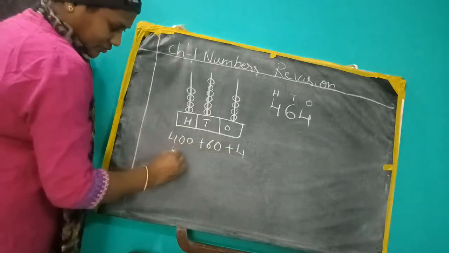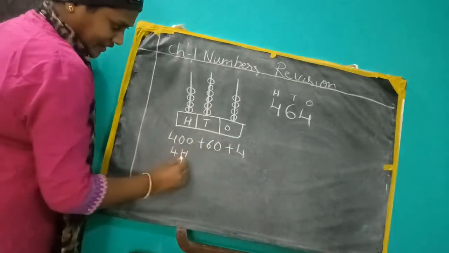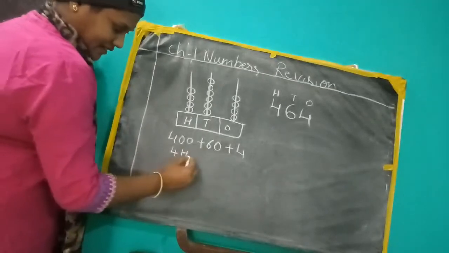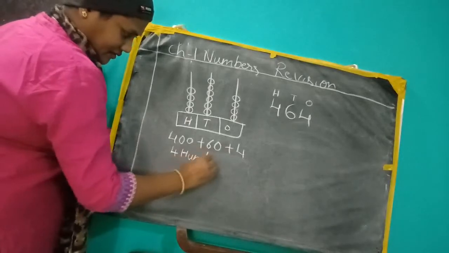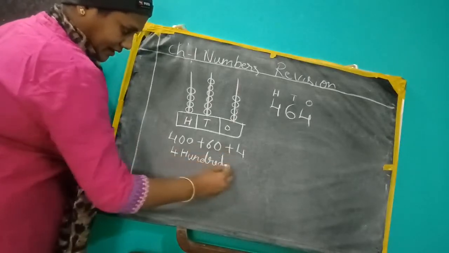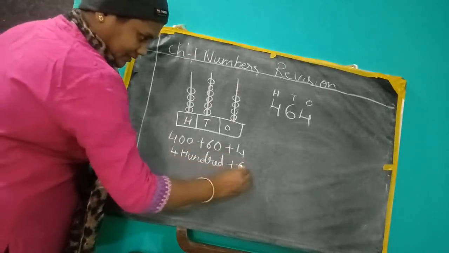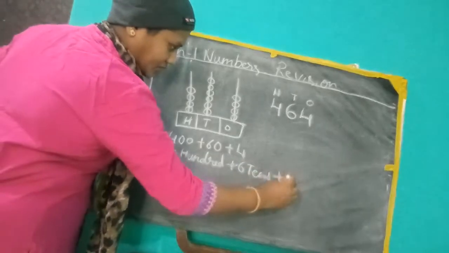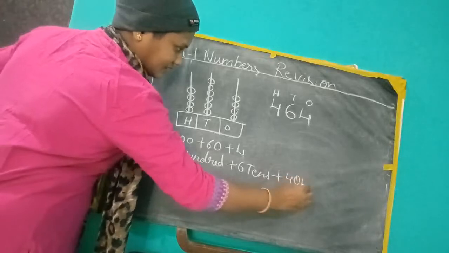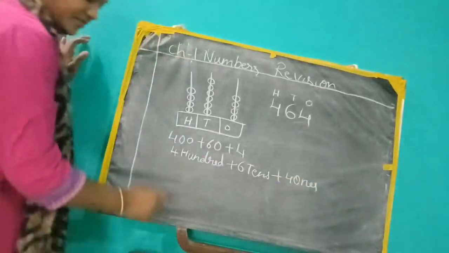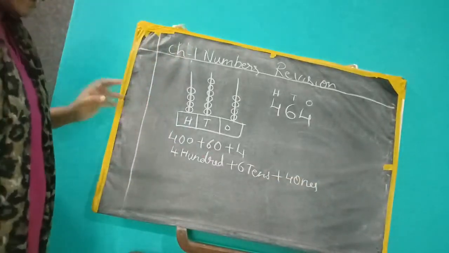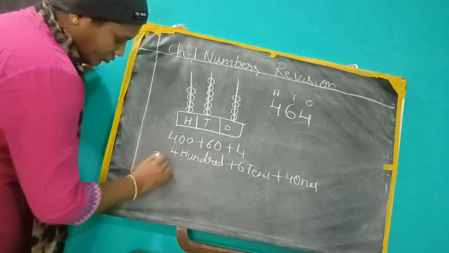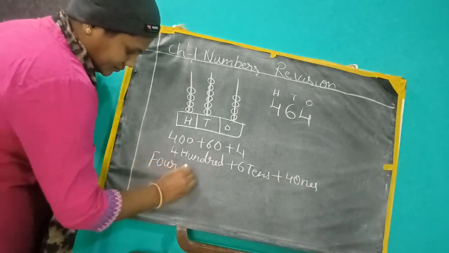How many hundreds? 4 hundreds. H means 100. 400 plus 6 tens plus 4 ones. Yes or no, children? See, what is the number name? 464.